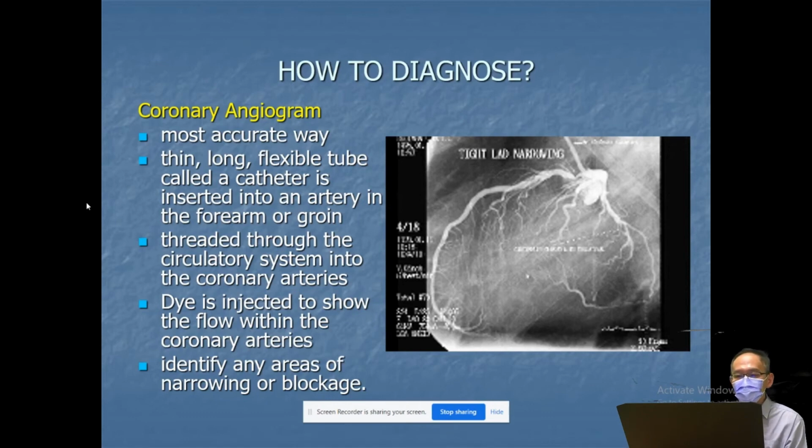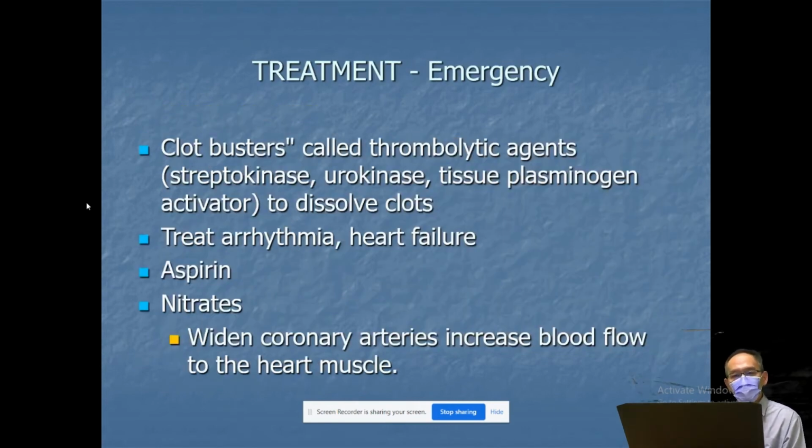So we can see from the picture here, it outlines the vessels of the heart and you can tell which one is already occluded, right? During emergency treatment, we use so-called clot busters, certain medicine to dissolve the clot for emergency purposes.